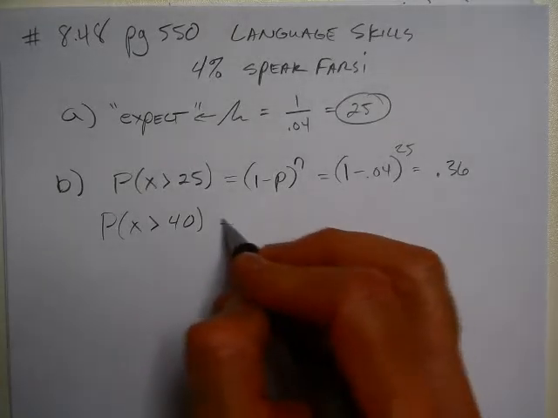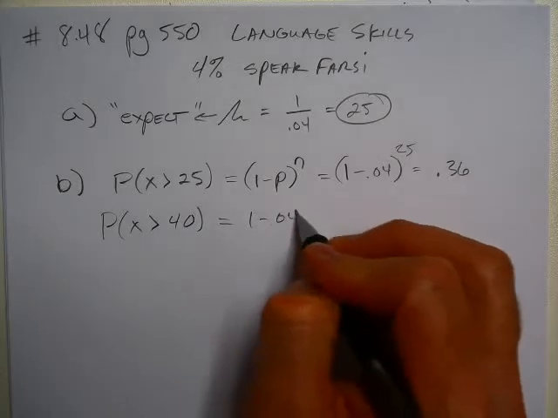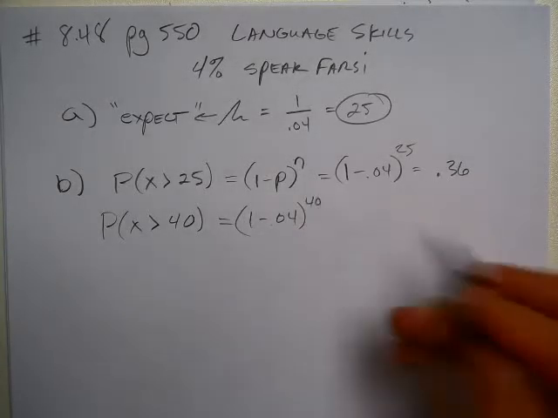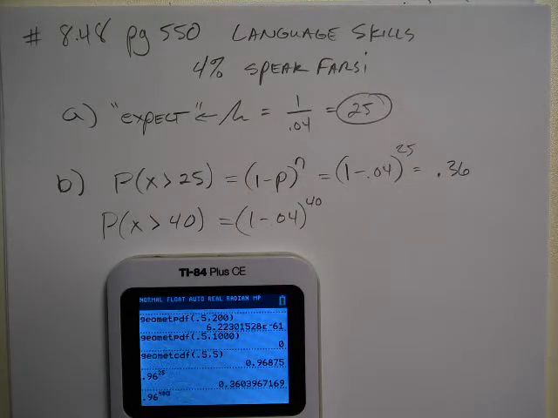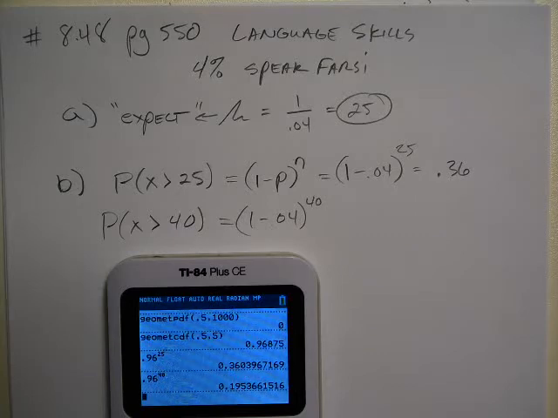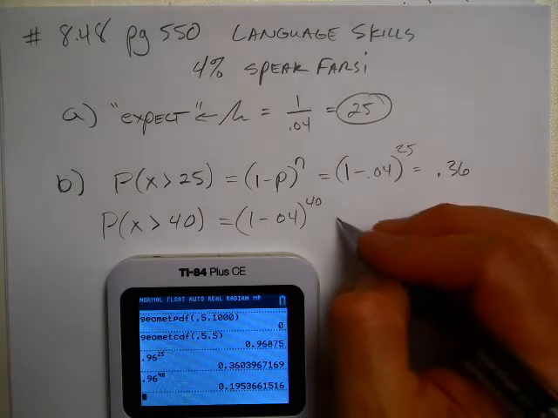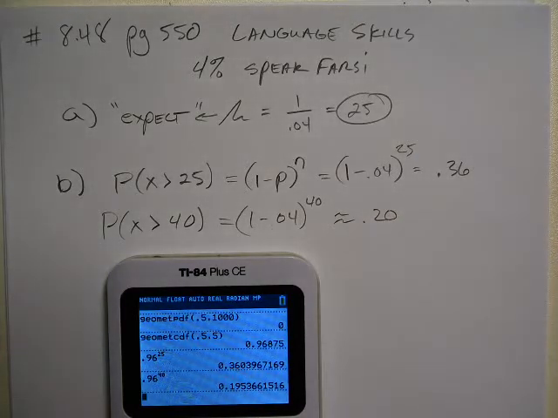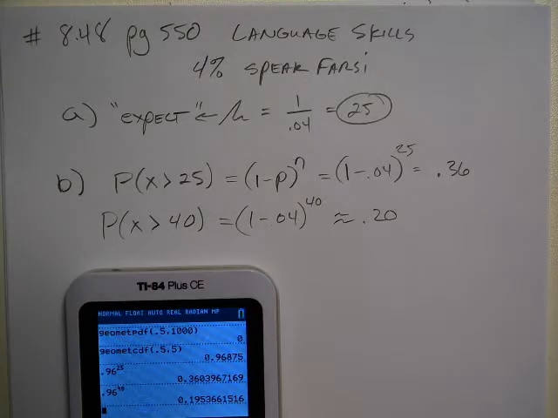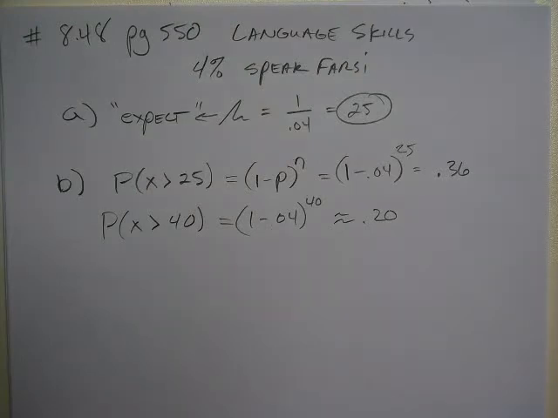Now that's just going to be 0.96 to the 40th power. About 20%? 19.5%? Something along those lines. And the probability is going to get smaller and smaller as I interview more and more people and continue to not find a Farsi speaker. Got it?